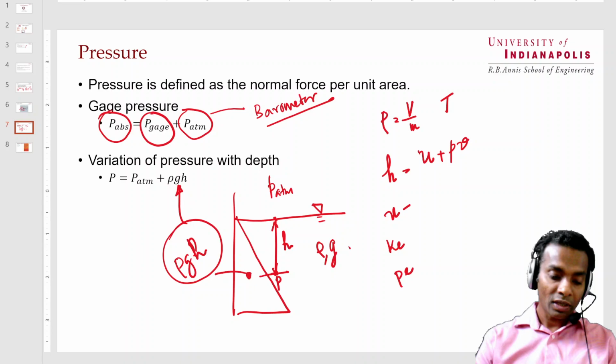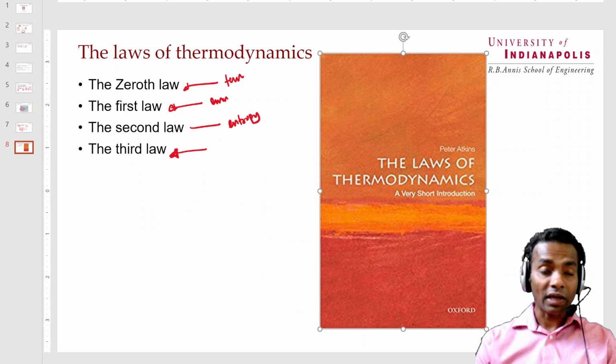All of these laws are described succinctly and very nicely, taking the statistical considerations into account as well, in this small booklet. If you have time and are interested in the subject, I highly recommend reading this little book, which is written by Peter Atkins, one of the leading authors in thermodynamics.